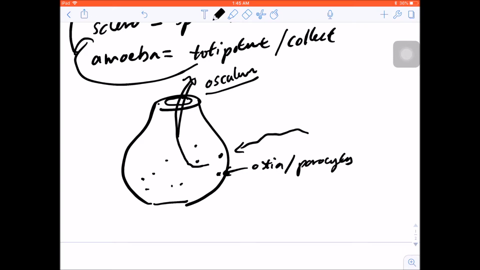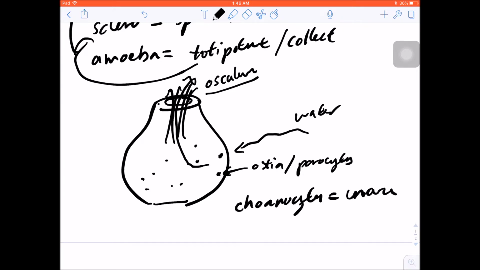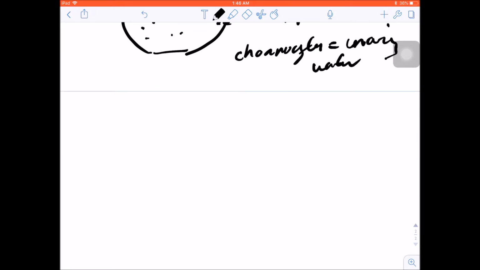Okay? This is water movement. And what is causing this water to move up into the sponge and then out through the osculum is the work of the choanocytes, moving water. So we'll take this example of one simple sponge.